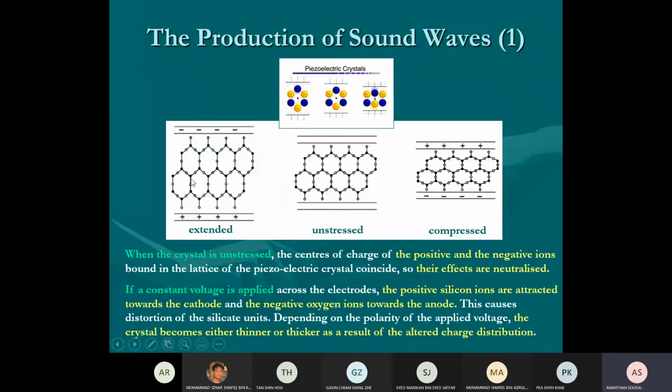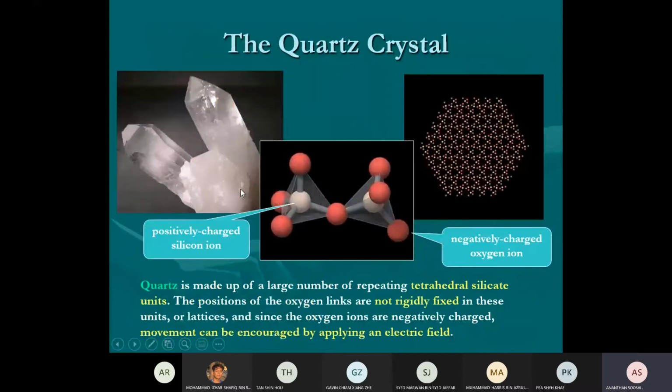The silicon is positively charged, oxygen is negatively charged. Although it's neutral, which region has more negative polarity, the bottom or top? The bottom, because there are three oxygens at the bottom. So down is more negative, up is more positive.